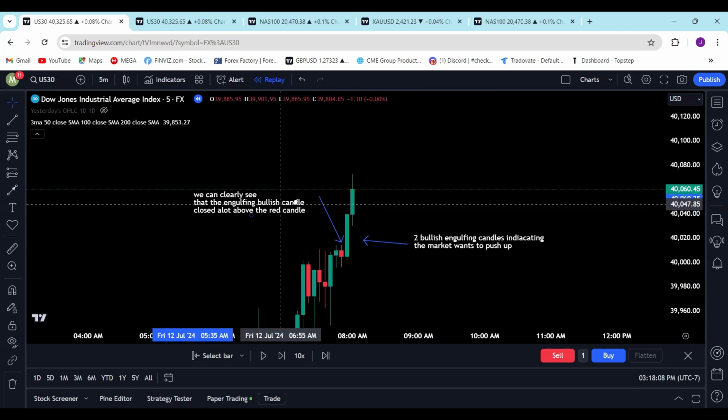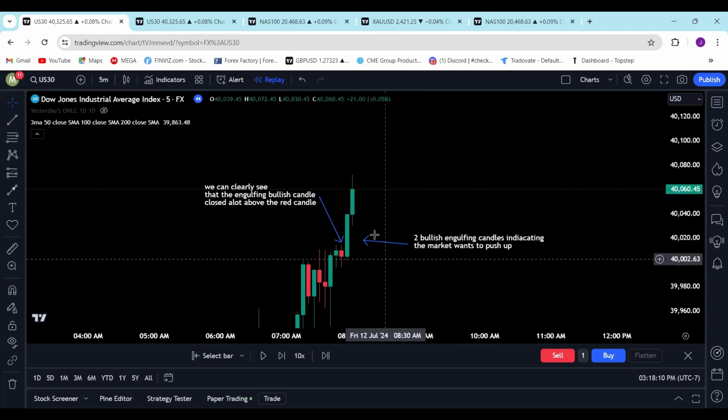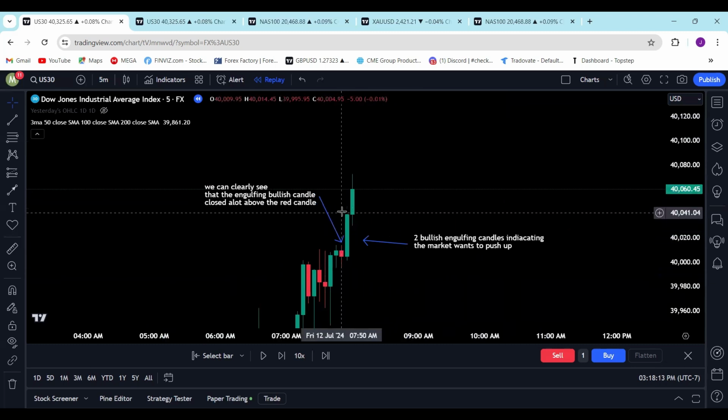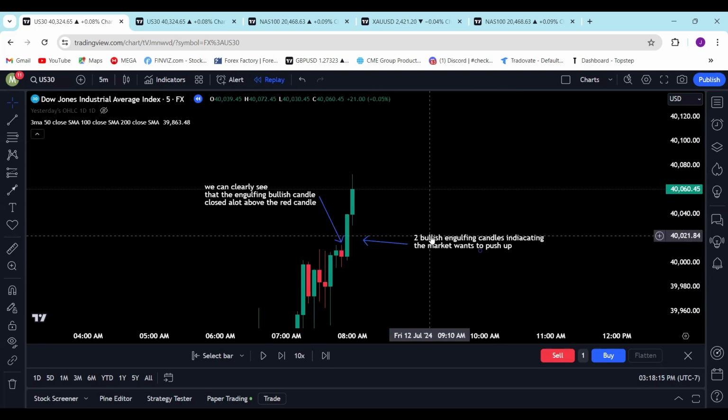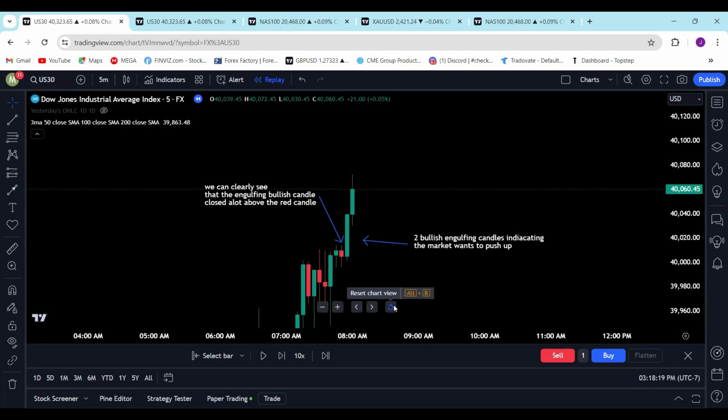So as you can see, I have my notes already here. These here, guys, this candle and this candle, these are two bullish engulfing candles. What does it mean when you see two big bullish momentum candles? That means that price probably wants to push up. And in my opinion, the way my strategy trades, the way I look at the market, when I see these two very green, big bullish candles, that means that buyers are in the market and they want to move the market up.